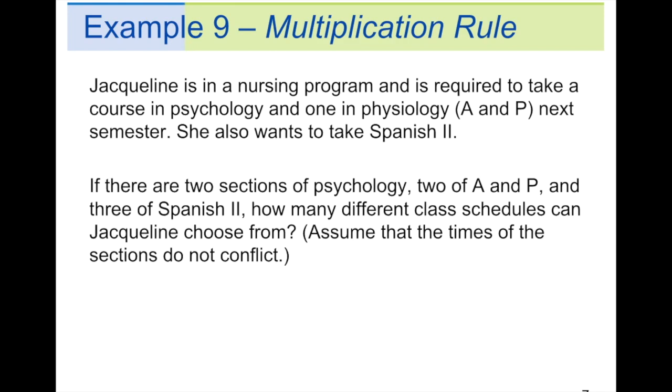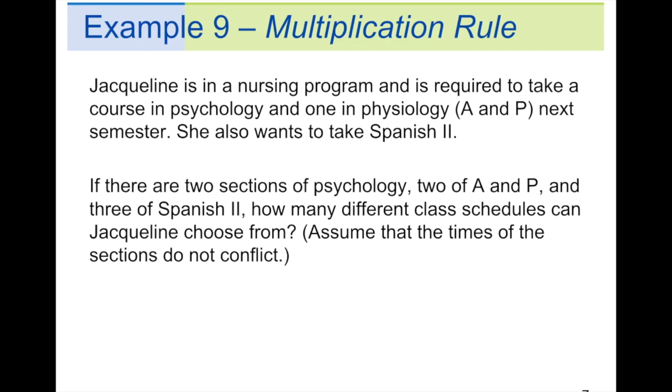Jacqueline is in a nursing program and is required to take a course in psychology and one in anatomy and physiology, A and P, next semester. She also wants to take Spanish too. So she needs all 3 of these classes.